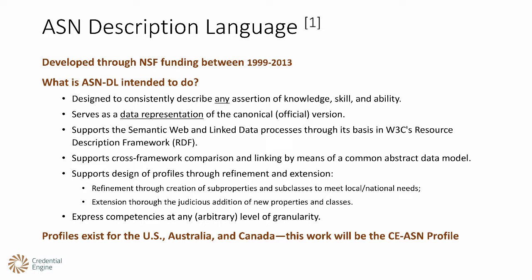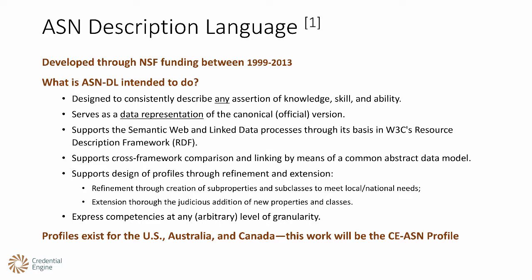Now, this language was developed by NSF funding from 1999 through 2013. And what it's intended to do is to consistently describe, or make it possible to consistently describe, any assertion of knowledge, skill, and ability.